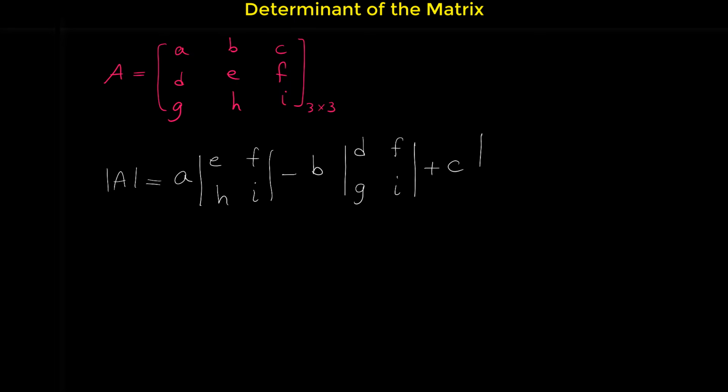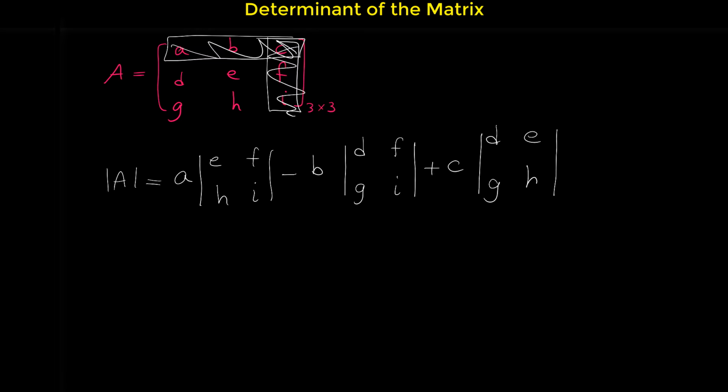Plus C times determinant of, delete the row and the column of C. Ignore this row and this column. So what remains is D, E, G, and H. This is how we can find determinant of a 3 by 3 matrix.